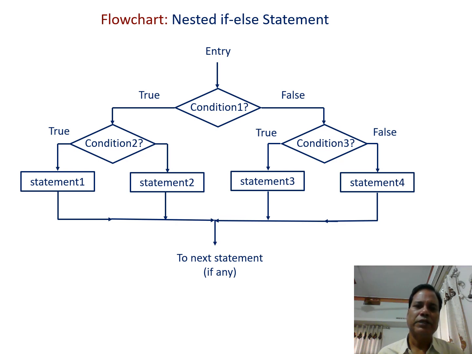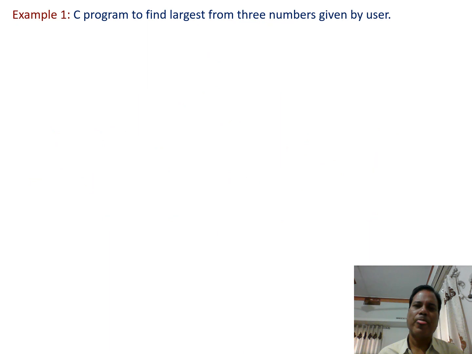Depending on this condition, either statement 1 or statement 2 is executed. In a similar way, if condition 1 is false, then condition 3 is evaluated. If condition 3 is true, then statement 3 is executed, otherwise statement 4 is executed.